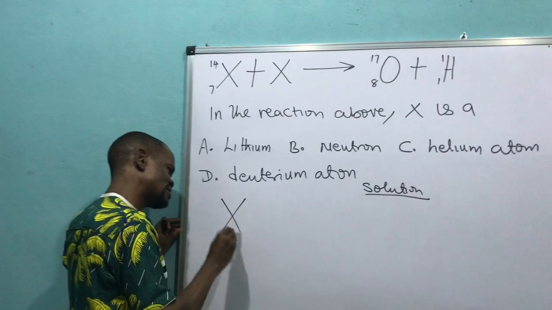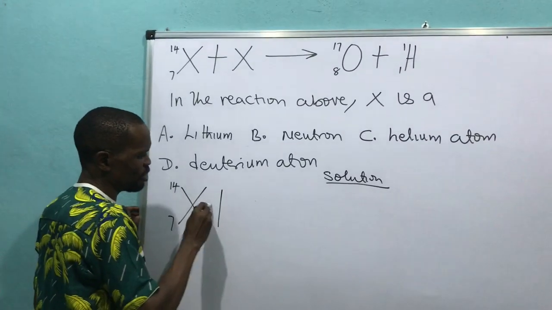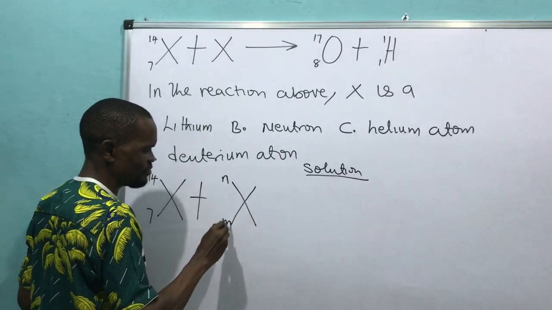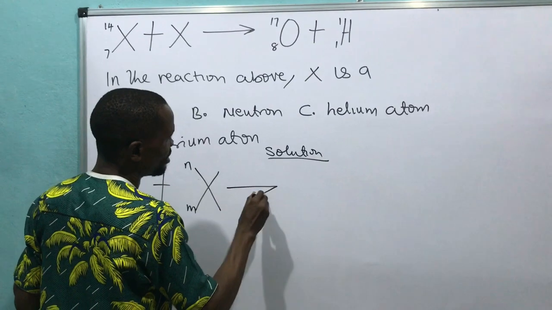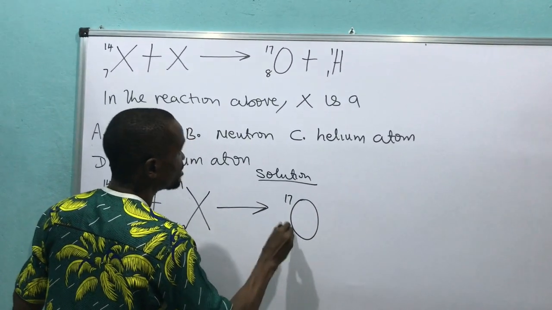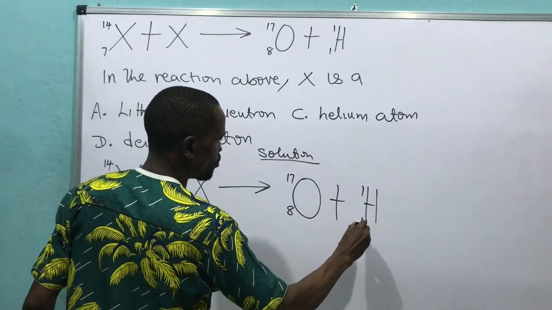In the solution, I know that this is 14 and 7, plus X. This can be N and this can be M for me, and that gives me oxygen-17 (atomic number 8) plus hydrogen-1.